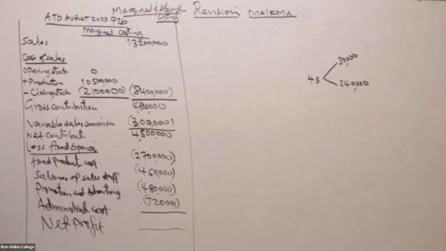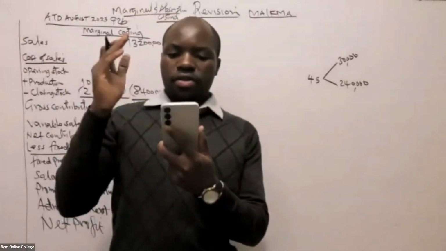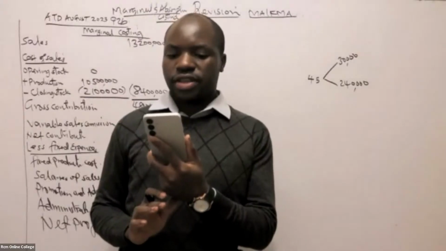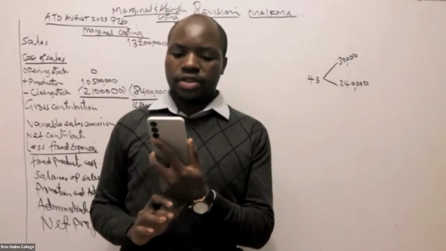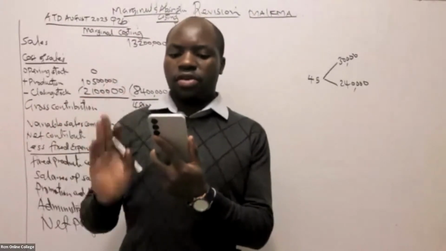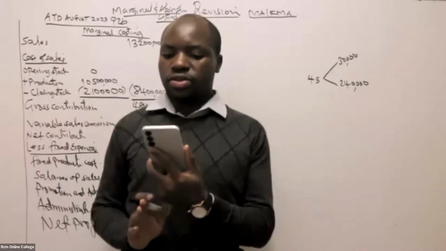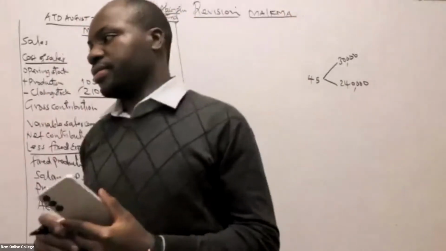How did we get 2,700,000? Now, if you look at our table, we have production, sales, and production cost incurred. Under production cost incurred, we have direct material, direct labor, variable overheads, then the fixed overheads. We have 2,700, and the figures are given in thousands.